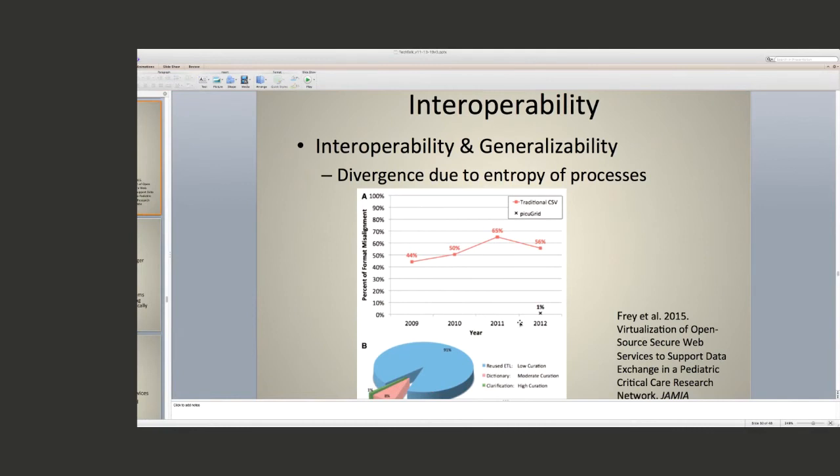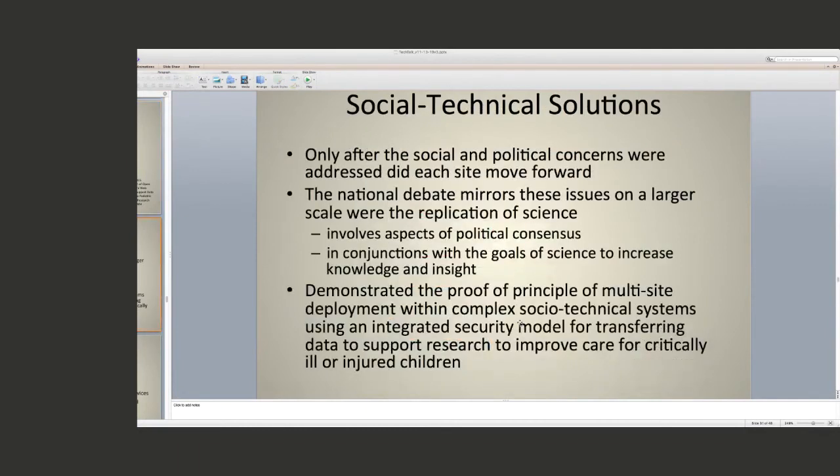So interoperability vastly improved with this kind of virtualized web service type technology. And a big part of this was that it was a social technical solution. We had to go to the sites and talk with the chief information officers. There were concerns about security and the like that had to be addressed with those meetings.